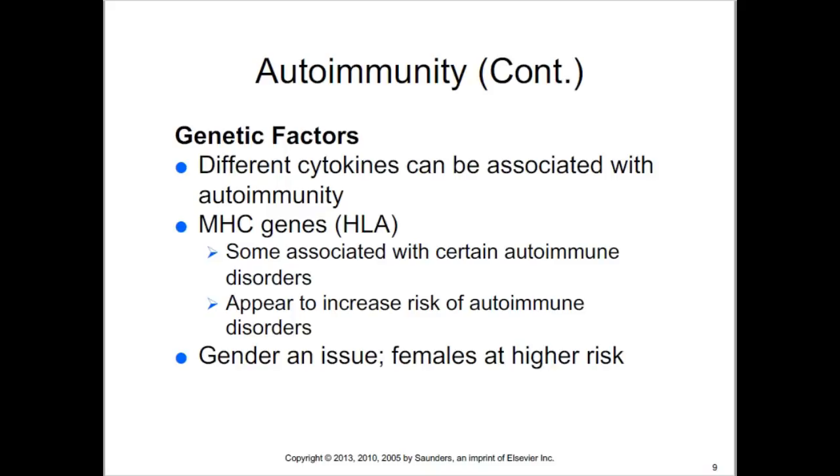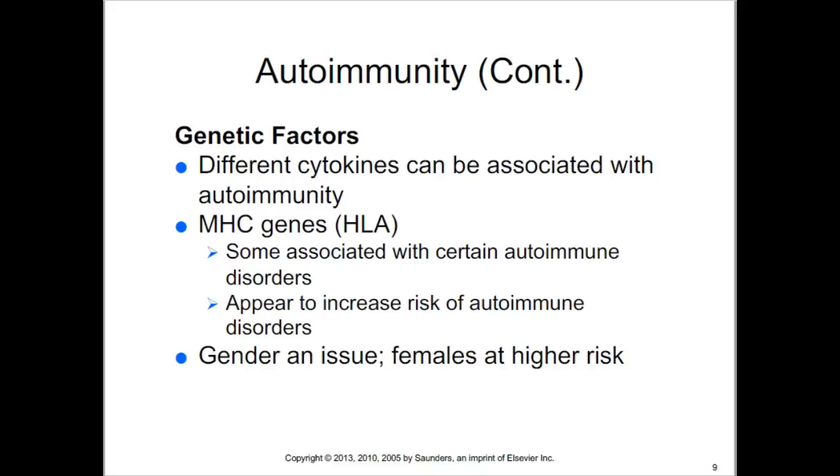So some genetic factors, again, cytokines can be associated with autoimmunity. So HLA genes and those genes that I mentioned, and MHC 1, 2, and 3, particularly MHC 1 and 2, which are actually mentioned in a really good chart on page 177 of your book, figure 9.26.